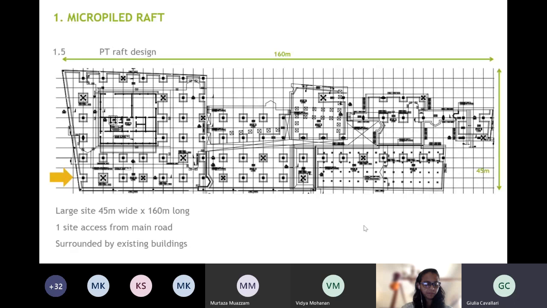And this construction sequence has been changed throughout the construction phase a countless number of times. And every time the contractor had to change the sequence, the engineering team had to work with them to adapt the design.